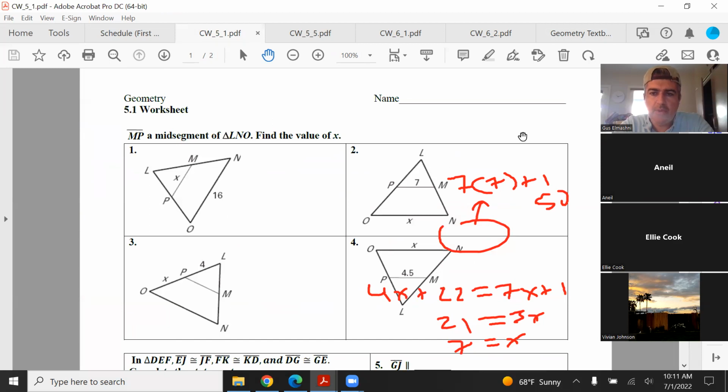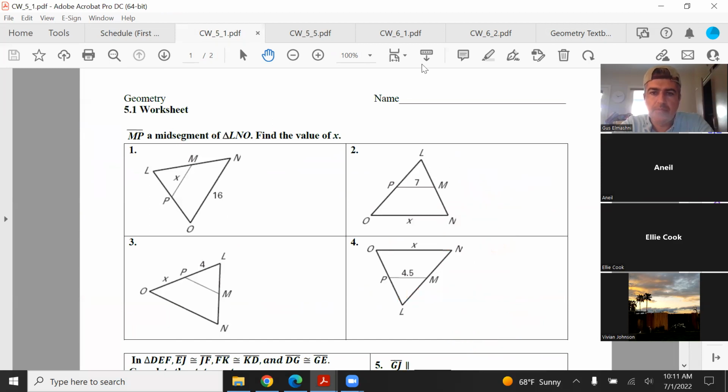Yeah, number 2, the answer is just 14. Remember, whenever you have a midsegment, the midsegment is going to be half of the side opposite of it. So that's 14. And remember we talked about, like, if this were like 4 and 5, and that's a midpoint, so that's 4 and 5.